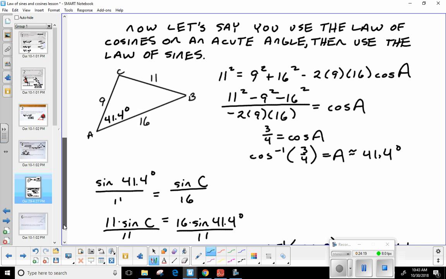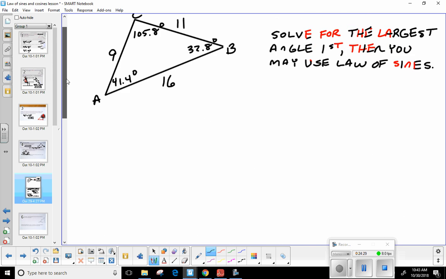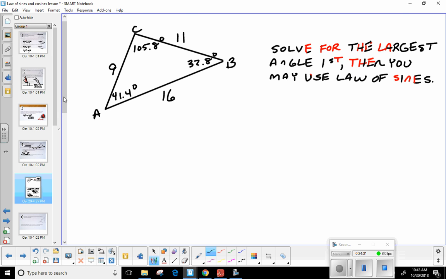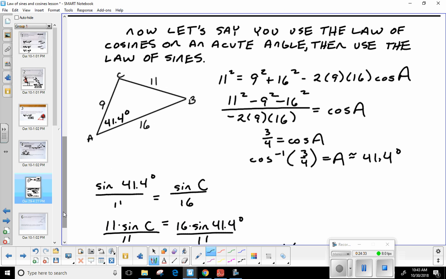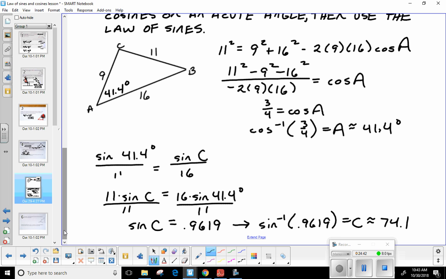So take a look. You'll notice I went ahead and solved for angle A first using the law of cosines. Well, what did I end up getting? 41.4. Isn't that exactly what we got here? Okay. Now what I did, not thinking about the fact that that angle C could be obtuse, I'm going to go ahead and now use the law of sines, okay, with that pair I just had.